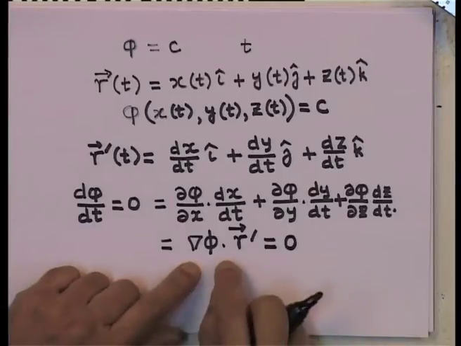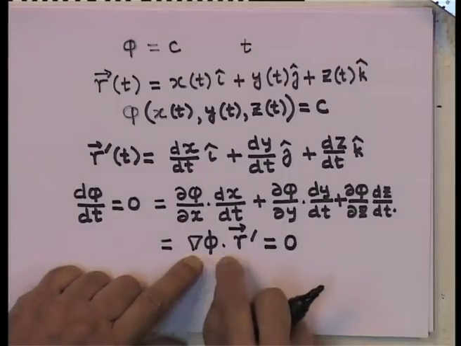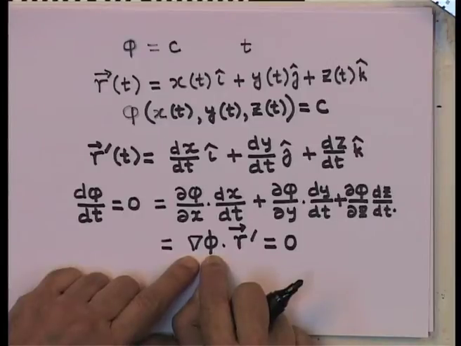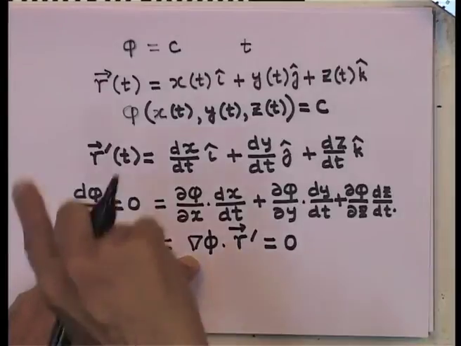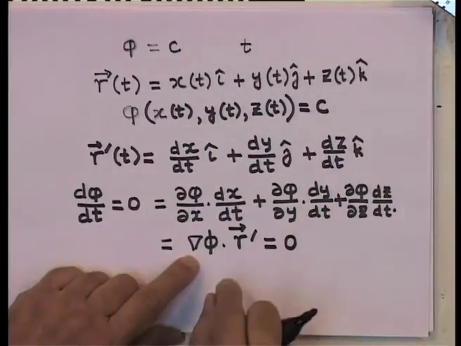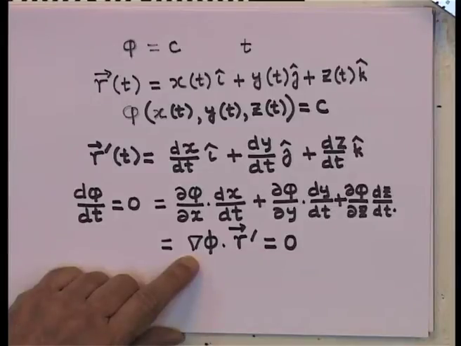So, this tells me that the gradient of phi is normal to the tangent vector, in other words, it is normal to that curve.